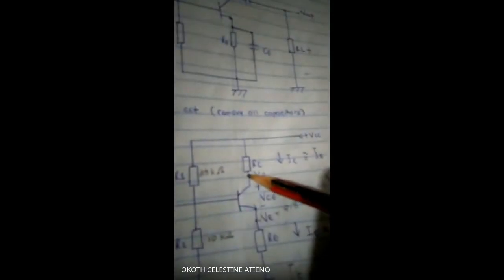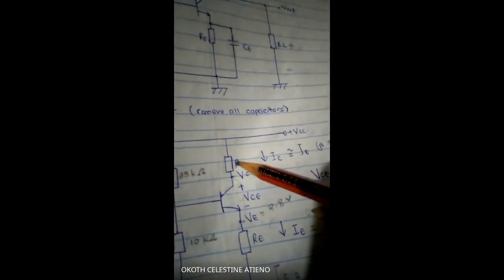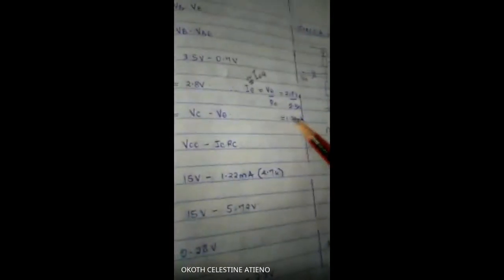So to get VC, let me just go back here. VC is VCC minus the drop across IC RC. So that is basically what we did. I said 15 minus IC, which is equal to IE. Remember that this is rather ICQ or IC.